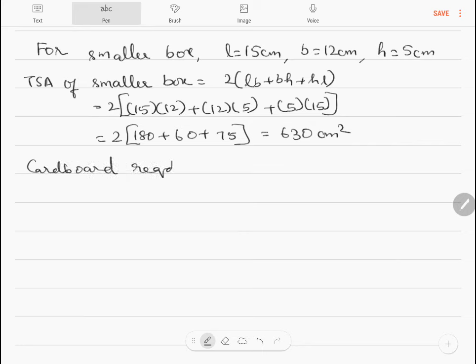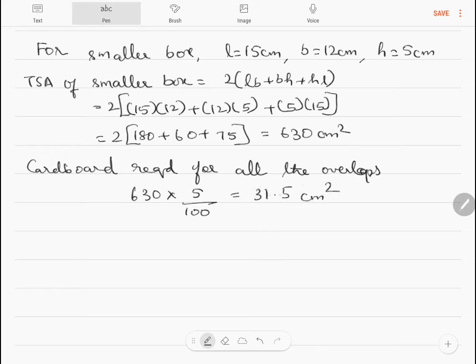Now we have to find the cardboard required for all the overlaps. Here the overlap is 5%. So 630, which we found out as the area, into 5 by 100, this is equal to 31.5 centimeter square.